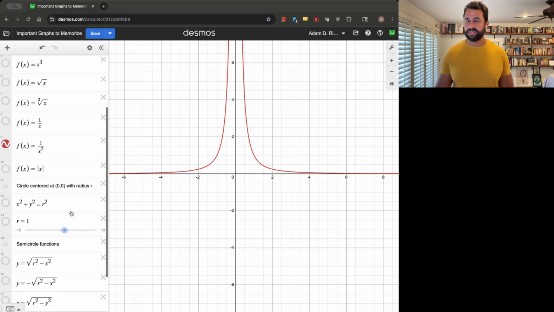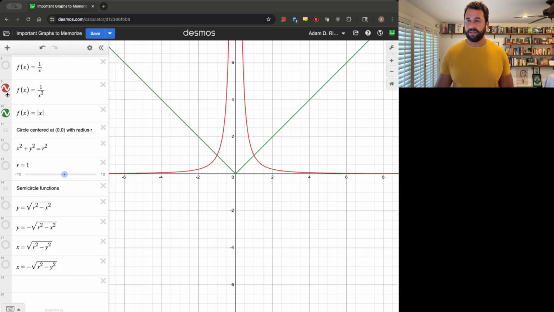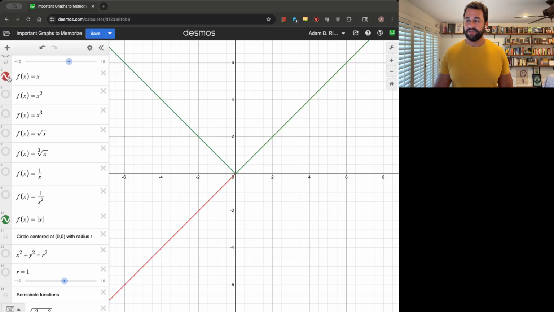Okay. Next is the absolute value function. We're going to see this one a lot. You'll see it a lot more in Calc 1. The absolute value function looks like a v. It is very similar to the identity function f of x equals x. Except remember, when x is positive, absolute value just spits out the number again, right?